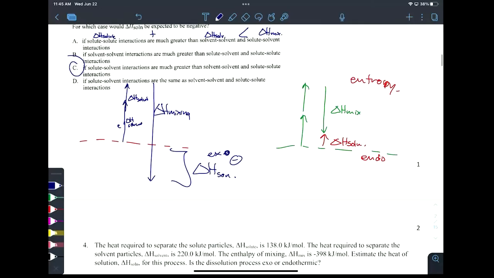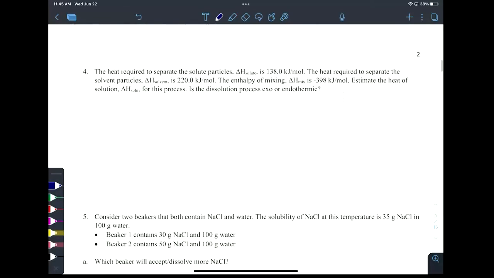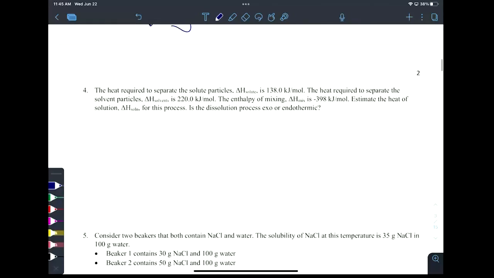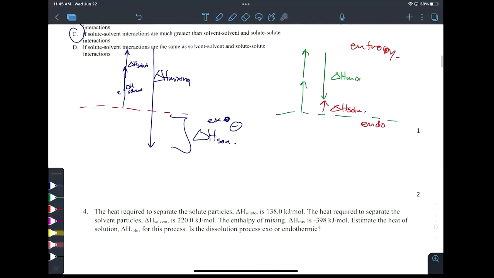And putting it together, there's an equation we can use. Let's just do the equation. All right, everyone loves math. Just plug and chug. If you know this cycle and recognize conceptually what it is, you can also get your equation, where the delta H of your solution, whether a reaction is exo or endothermic, is equal to delta H of the solute plus delta H of the solvent plus delta H of mixing.